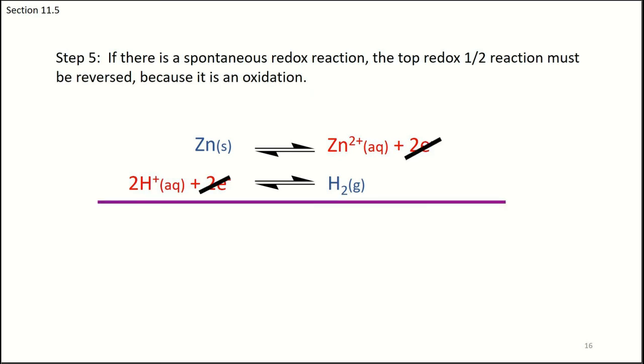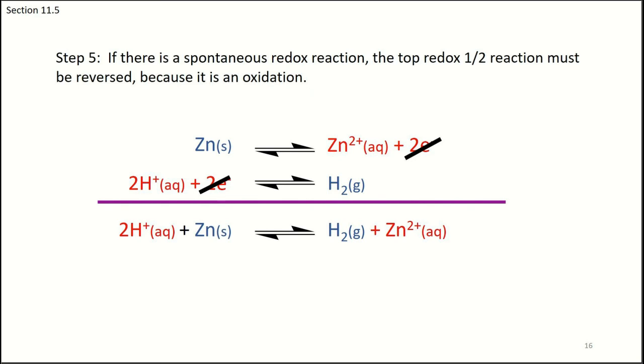In this reaction, we had 2 electrons on the product side in the oxidation and 2 electrons in the reactant side of the reduction, so these cancel out. And so lastly, when I'm adding these together, I want to make sure that I put my oxidizing agent first, so the components in the reduction half reaction will be first written on the reactant side. So when I do that, this will be my net reaction.